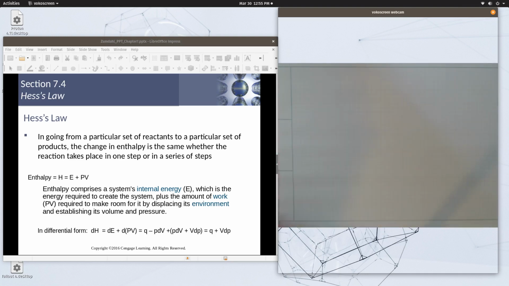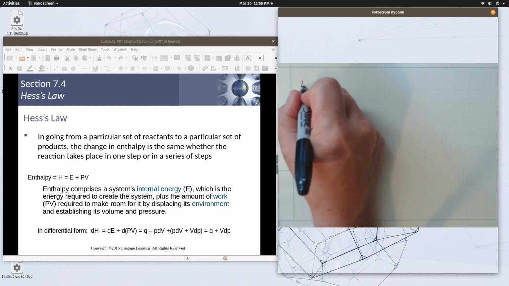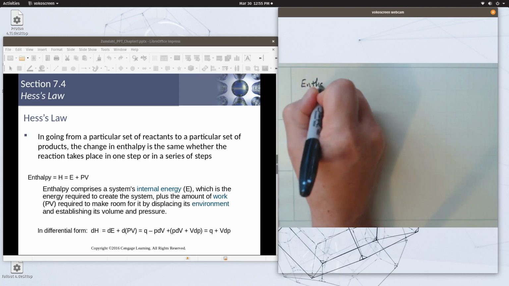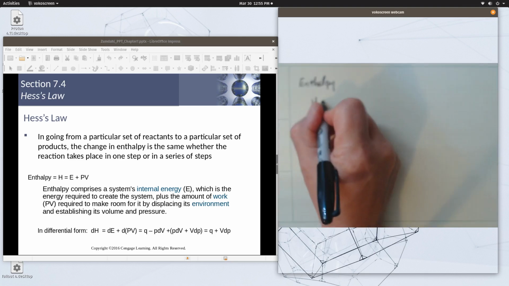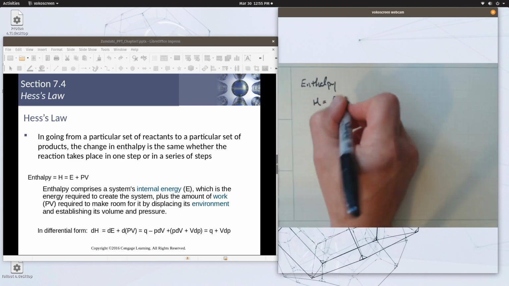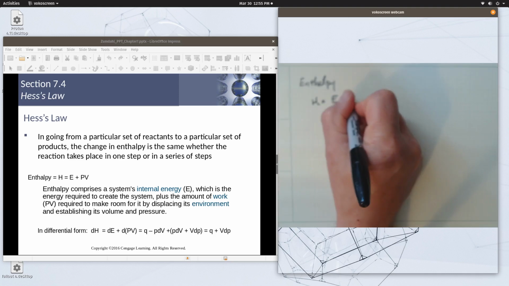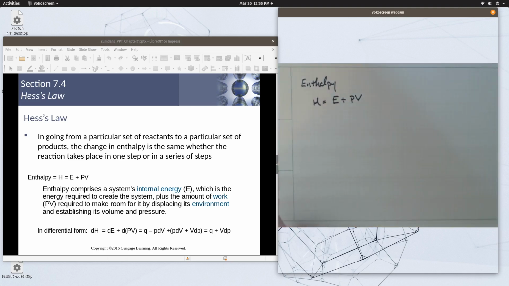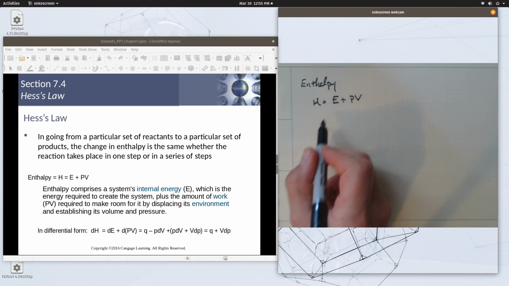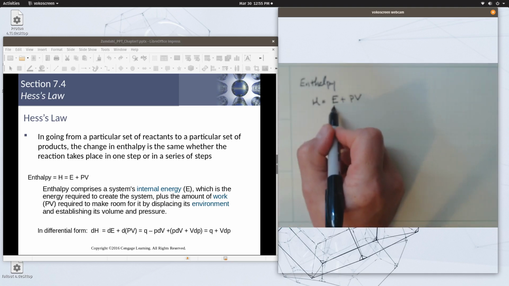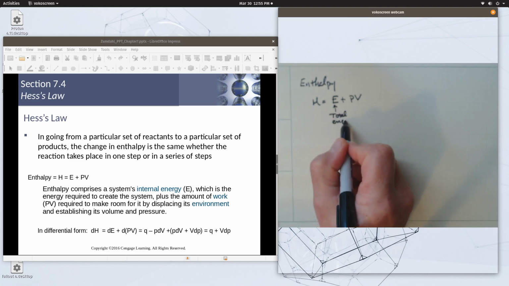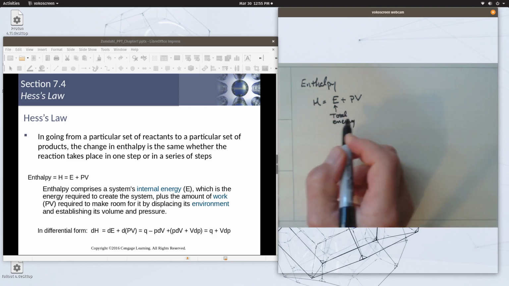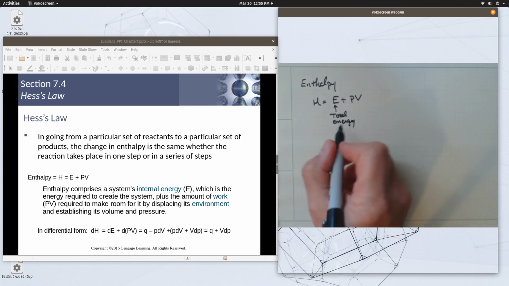The enthalpy, as I've written out over on the slide, denoted H, is equal to the total energy of the system plus pressure volume. And the way you can think about this is that this is the total energy required to create the system.